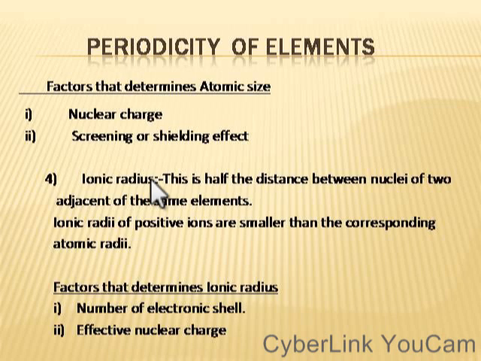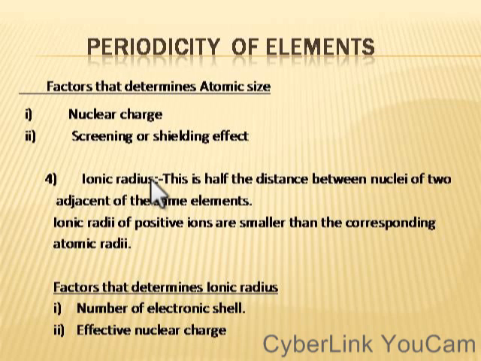Now, the factors that determine atomic radius. Number one is the number of electronic shells. For example, let's look at sodium. Sodium has 2, 8, 1, that is 3 shells.